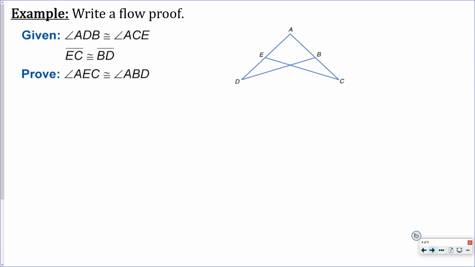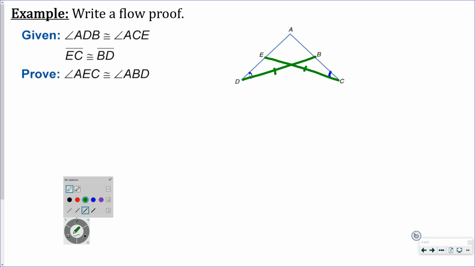Okay, here's what's given to us this time. Angle ADB, that's this little guy, is congruent to angle ACE. Okay, I'm going to mark that. Those are congruent. Line segment EC is congruent to line segment BD.